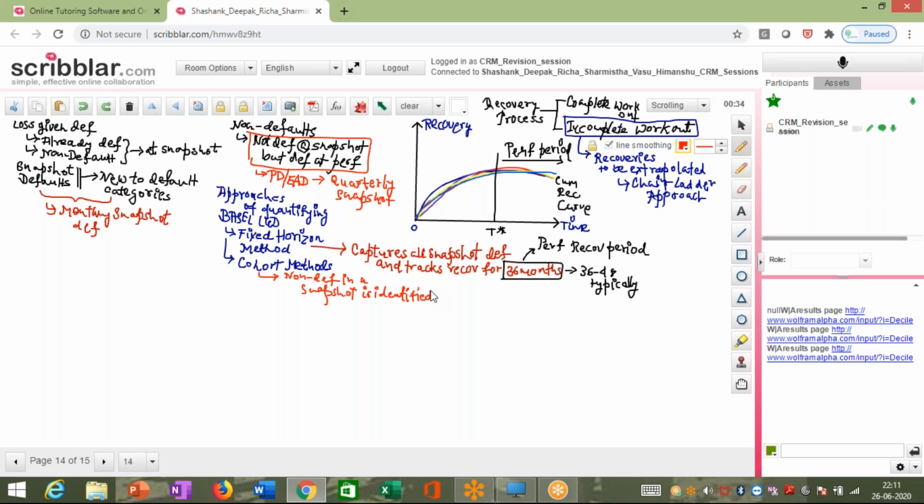The Basel LGD that we are talking about over here is not always your predicted LGD, because with LGD you need to actually calculate multiple things.